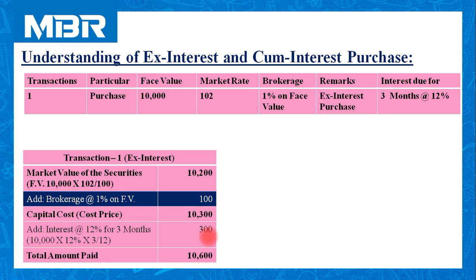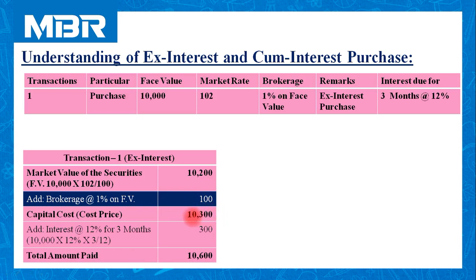So being a buyer, I need to pay 10,600 rupees to the seller. अगर मैं ये सिक्योरिटी परचेज कर रहा हूं तो मुझे बायर के हिसाब से सेलर को 10,600 पे करने होंगे। क्यों? 10,300 for security and brokerage.